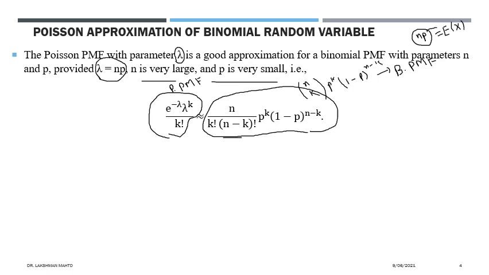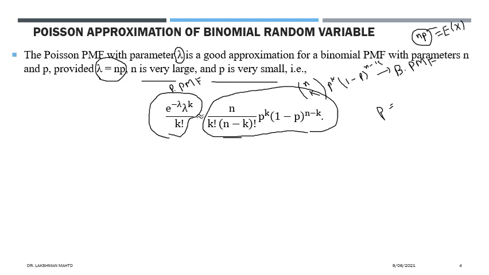What you do is substitute. In the right hand side you have the already expanded form of the binomial probability mass function. You don't want to see p in the Poisson probability mass function, you don't observe p.